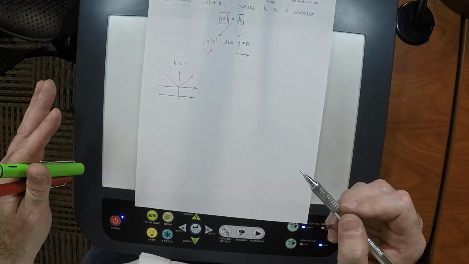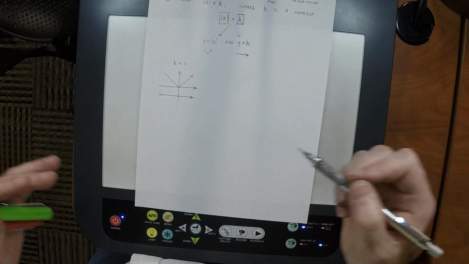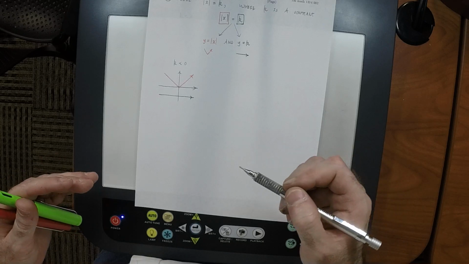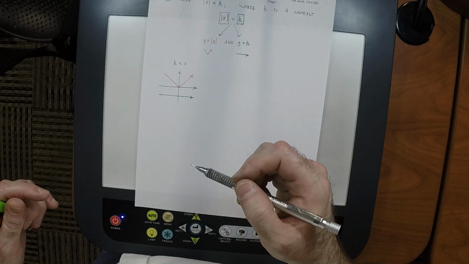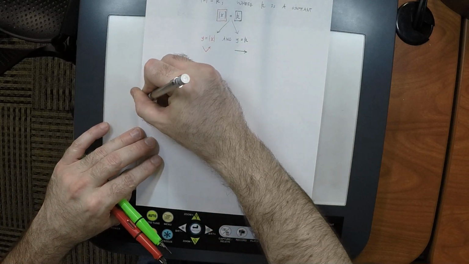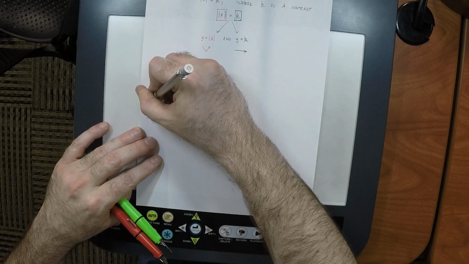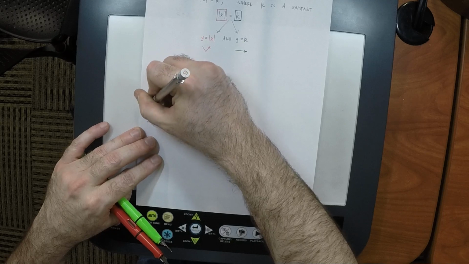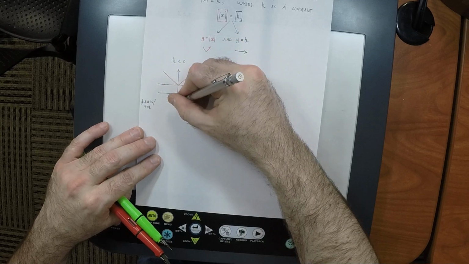Are there any intersections, points that have both colors? None. So the number of intersections, or solutions, in this case is none.